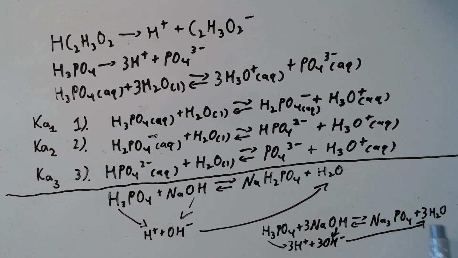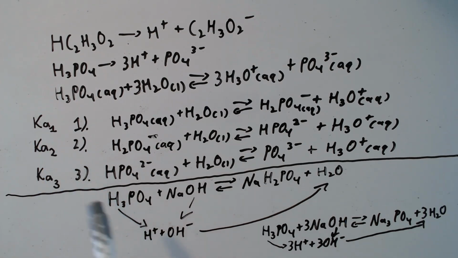So basically, to keep in mind, in the future you might have to use this: when dissolving in water, yes, the Ka's do matter. But when dissolving this phosphoric acid in a strong base, the relative differences between these Ka's don't really matter.